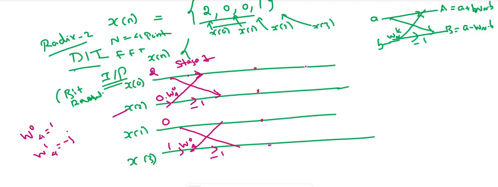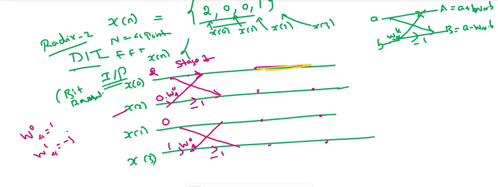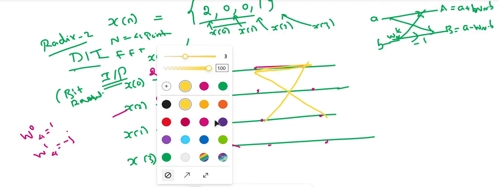Next, the second stage computation. These are the two butterflies we have to consider. This is one butterfly in the second stage computation, and one more butterfly.